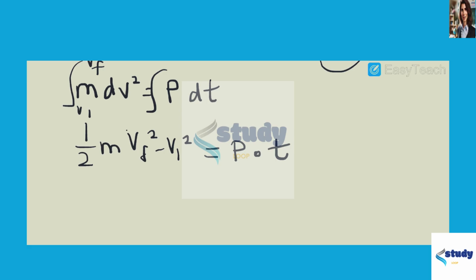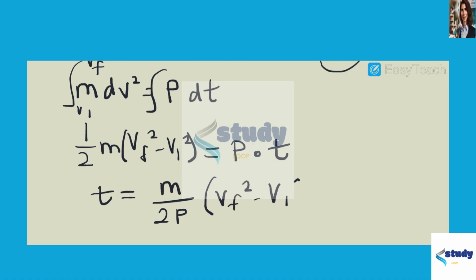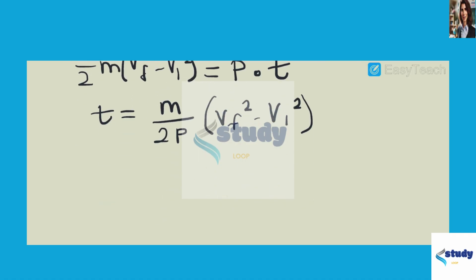So we put parentheses around this too. So we see that time is going to be equal to m over 2 times the power times (vf squared minus v initial squared). Now this is good for us because we know the mass, we know the power, we know the final velocities we're looking at, and the initial velocities we're looking at.